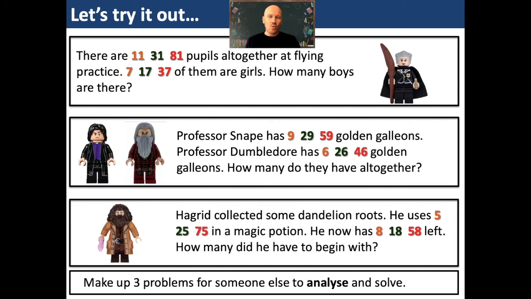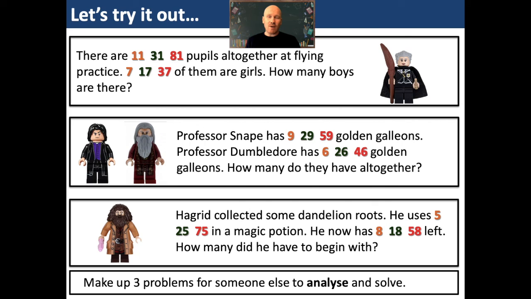Now remember, when you look at the question and you're deciding which set of numbers to go for, go for the numbers that are going to challenge you, not the numbers that you're going to find too easy, not the numbers that are way too difficult, numbers that you're going to find a bit of a challenge in order to analyse those. Now, the other thing to remember here is that we are not just solving these questions, we are analysing them first.